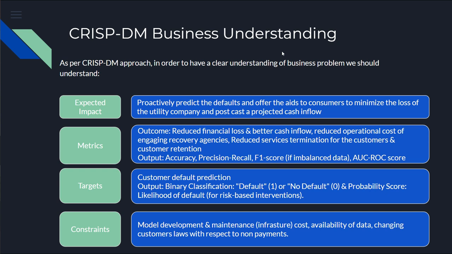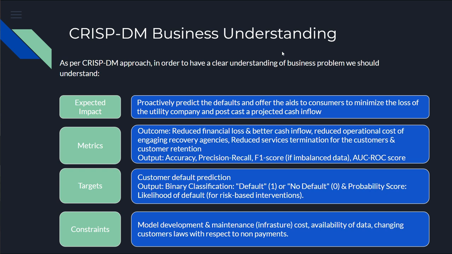So what metrics can we use to identify the success of this model? The outcome metrics can be reduced financial loss and better cash inflow, reduced operational cost of engaging recovery agencies, reduced service termination for customers who are not paying the bills, and customer retention.